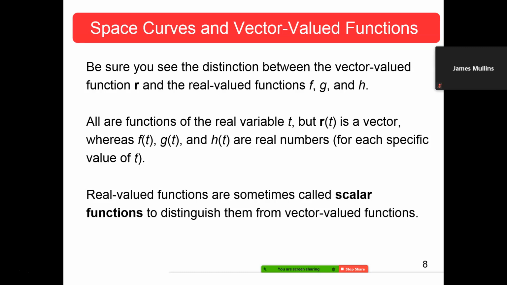All are functions of the real variable t, but r of t is a vector, whereas f of t, g of t, and h of t are real numbers, scalar values of those functions. Real valued functions are sometimes called scalar functions. I've been calling them that all along to distinguish them from the vector valued functions.